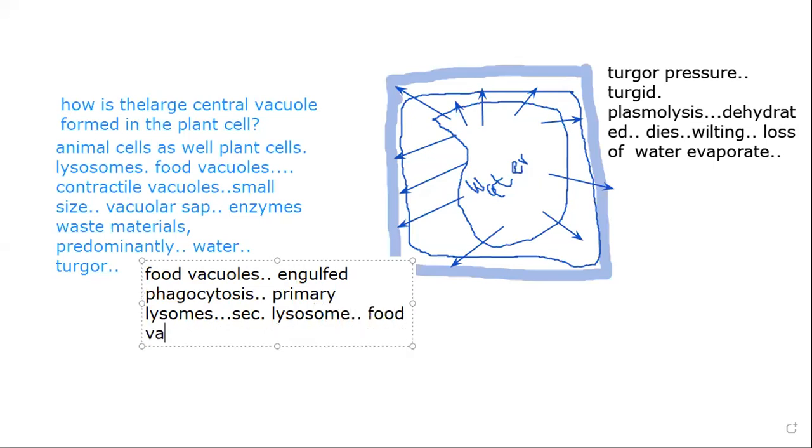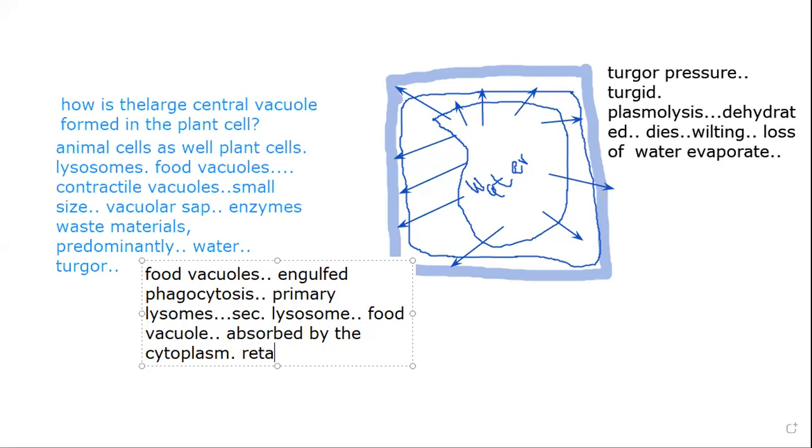Digestion takes place inside the food vacuole, and then what happens? After digestion, the useful materials are absorbed by the cytoplasm, and the rest of the materials, the waste material, is retained inside the vacuole.